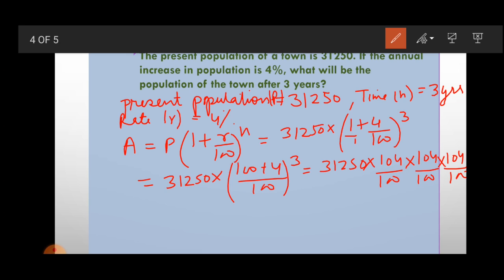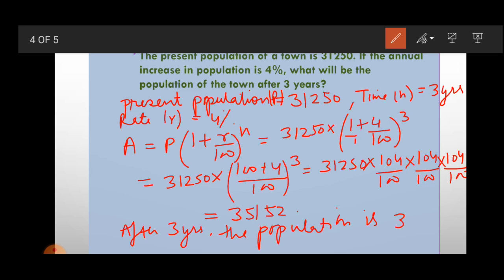On solving this, we get 35,152. So after 3 years, the population of the town is 35,152.